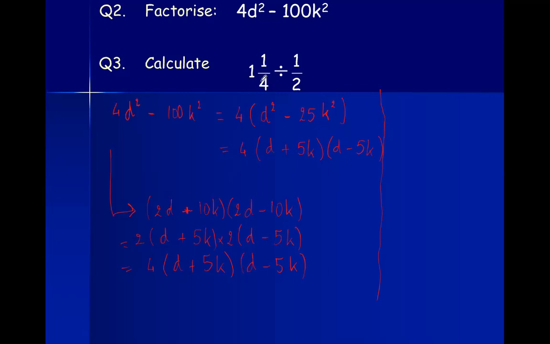Here it would be, remember, 1 1/4 is the same as 4 times 1 plus this one here. Yeah, just make it top heavy. So then that would be 5, a top heavy fraction, 5/4.